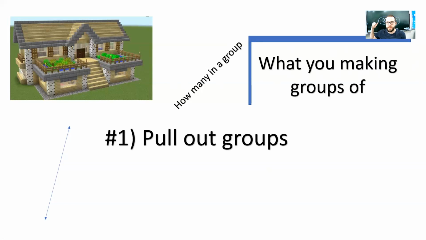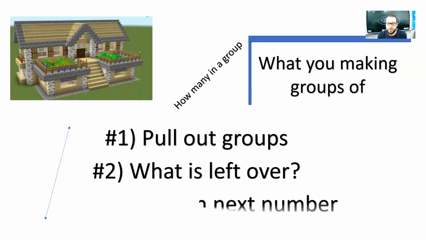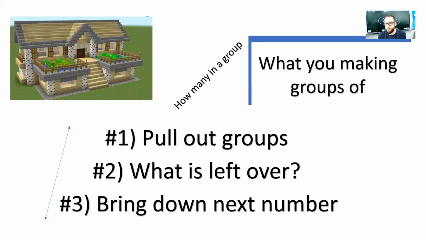I'm going to show you what that looks like here in a second. The second thing you do is you say, did it come out perfect or was there something left over? And the third thing that you do is you bring down the next number and you continuously repeat these 3 steps until you get an answer.